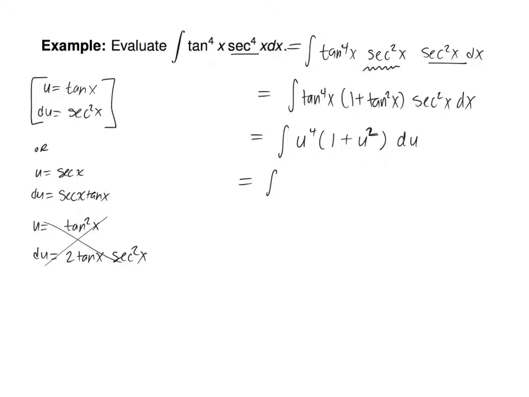So this is the integral of u to the fourth plus u to the sixth du. And let's integrate and put back in what our u is. So 1/5.